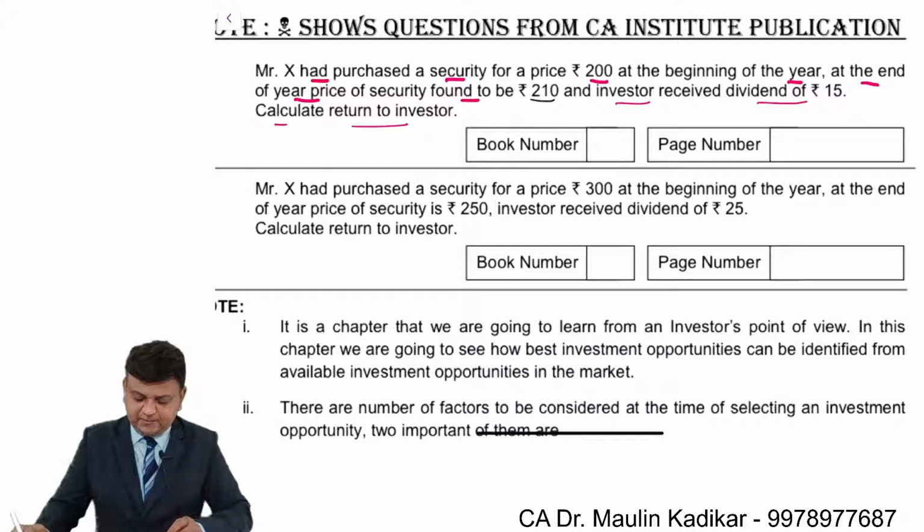So friends, over here we understand that the return is required to be calculated. Return can be calculated either in rupees term or in percentage term. Generally we will calculate in the percentage term. Calculating in rupees term is also acceptable unless there is any clarification that you have to make the calculation in percentage term.